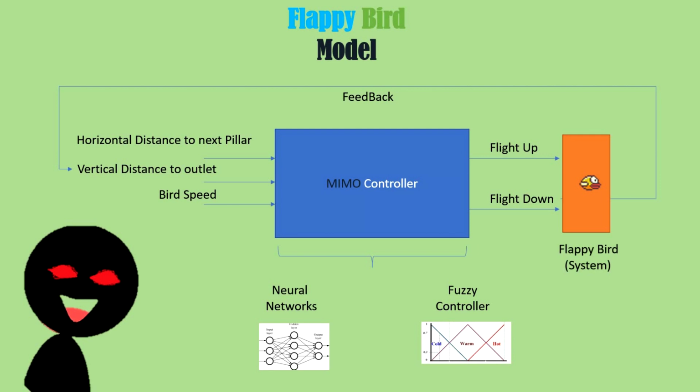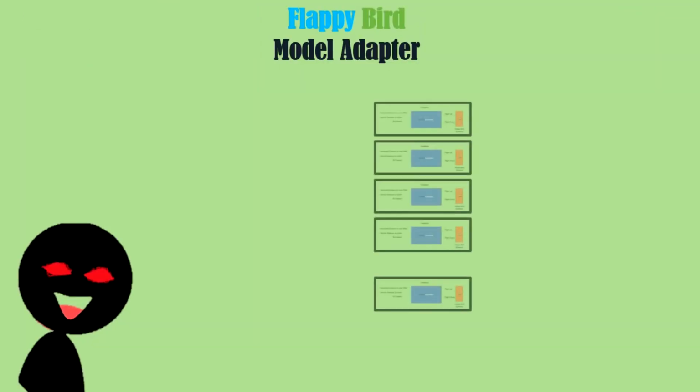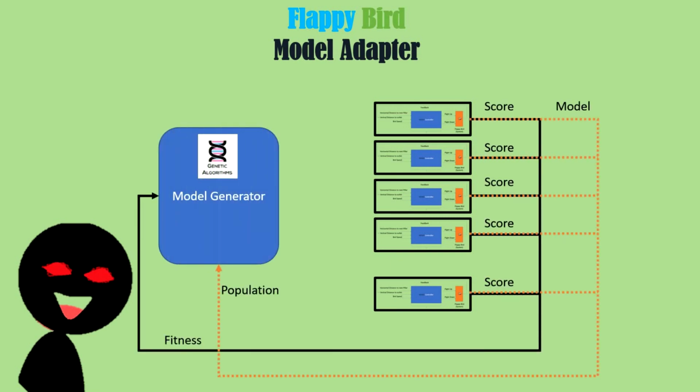In this case, we are using GA, the genetic algorithm, as the model adapter. As you know, in the genetic algorithm, we need what we call the generation. A generation is many neural networks performing at the same time. So we will have many birds flying at the same time, and the one who makes a good score, meaning the one who crossed the long distance, is controlled by a good neural network.